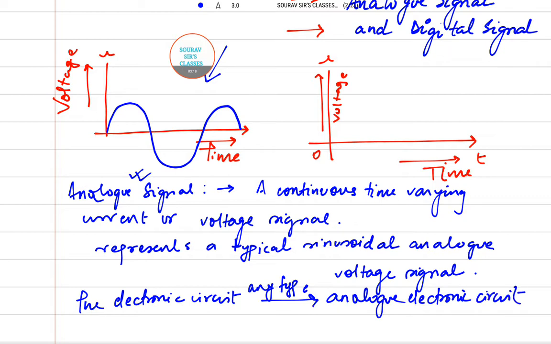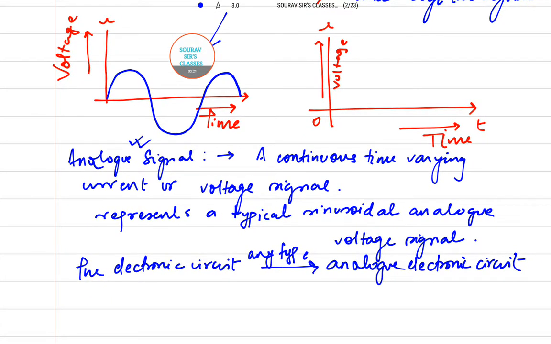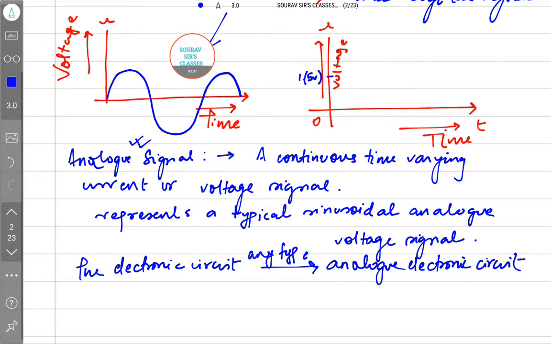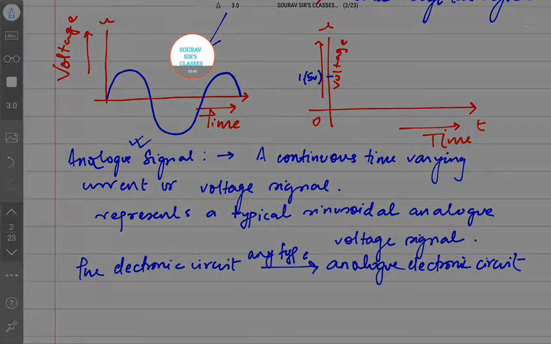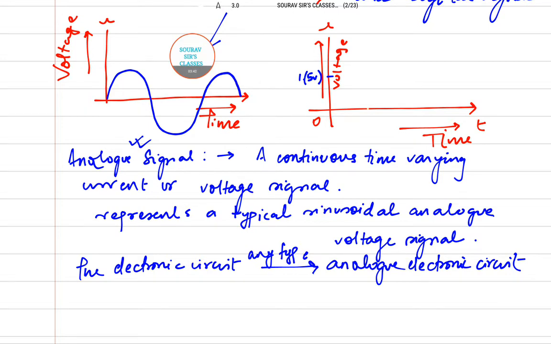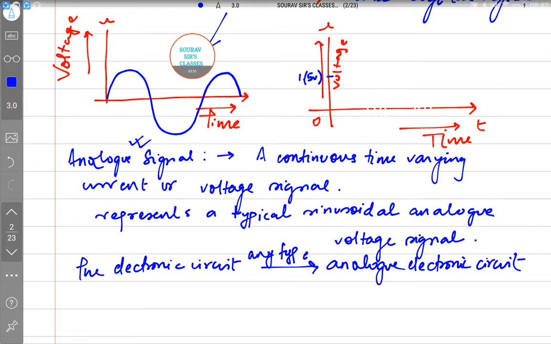And let us now learn about digital signals. So before that we need to finish this diagram. Say this is 1, this is 5V, 5 volts, marking it like this, and then I'll just draw using the blue ink.